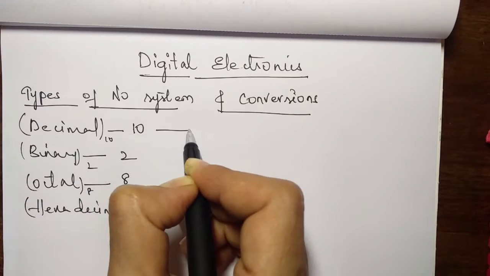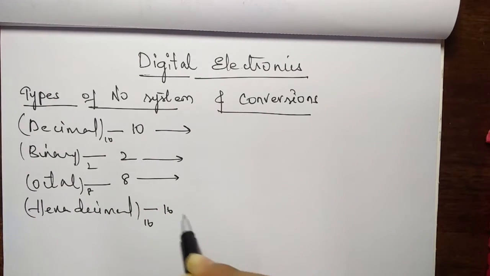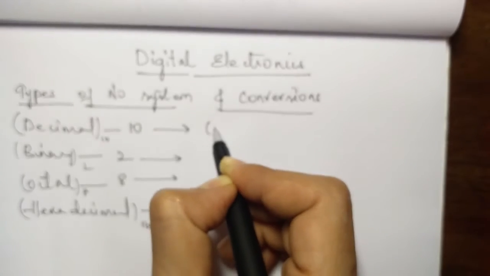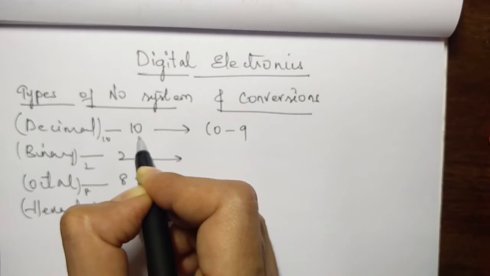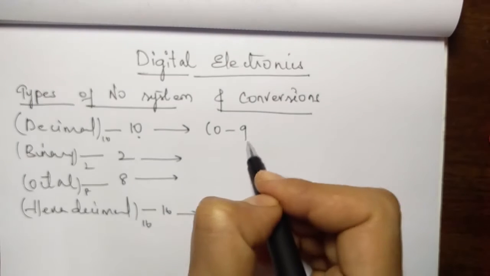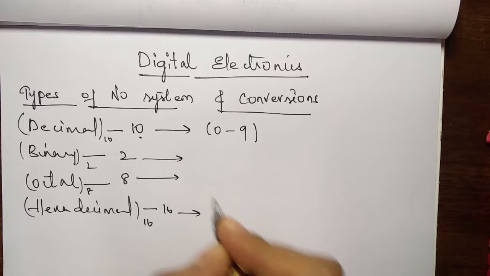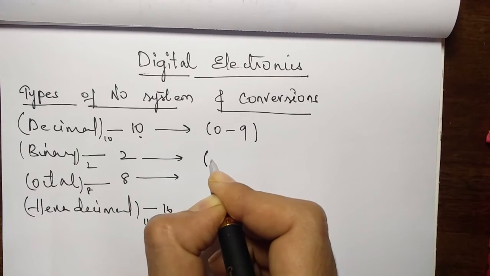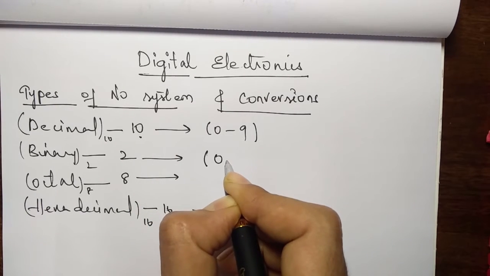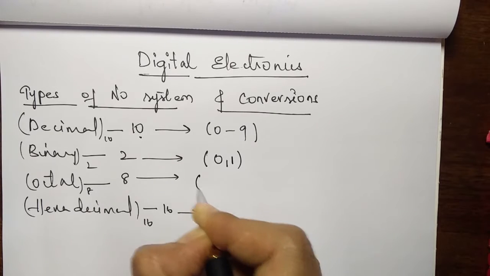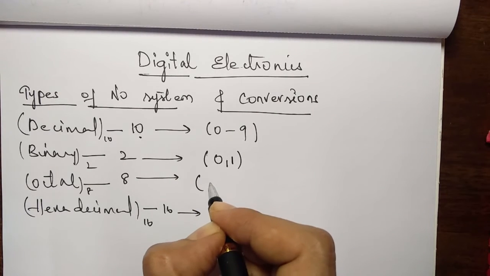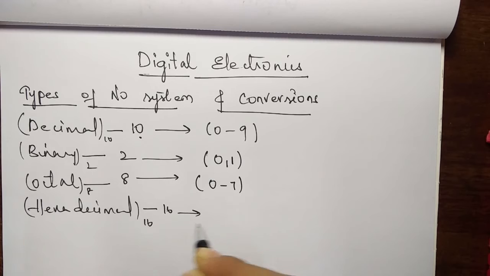And the values they accommodate: decimal will accommodate from 0 to 9 because the total values are only 10. Binary will accommodate only 2 values, 0 and 1. Octal will take values from 0 to 7, total 8 values.